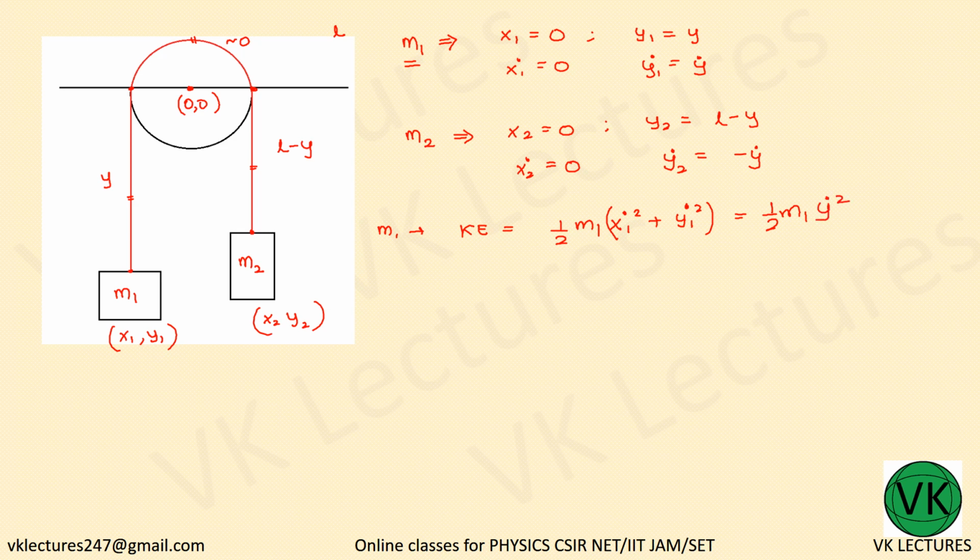Now for m2, kinetic energy is equal to half m2 times x2 dot squared plus y2 dot squared.